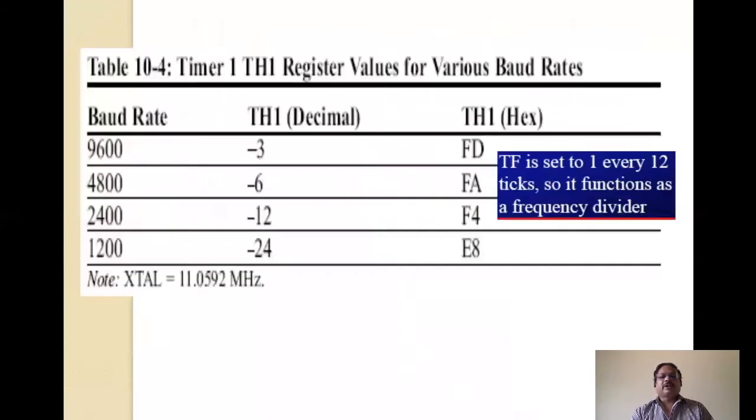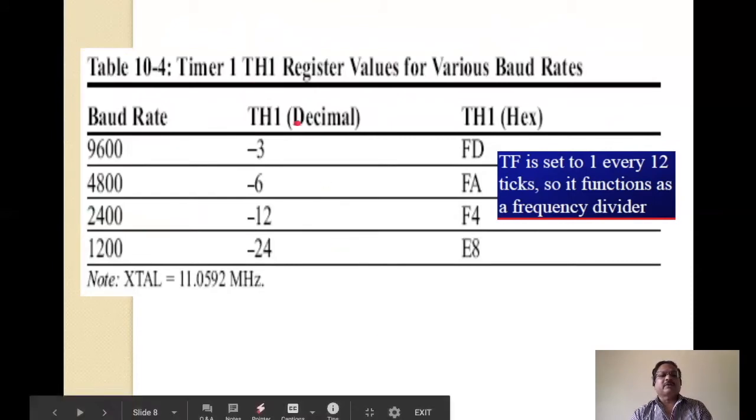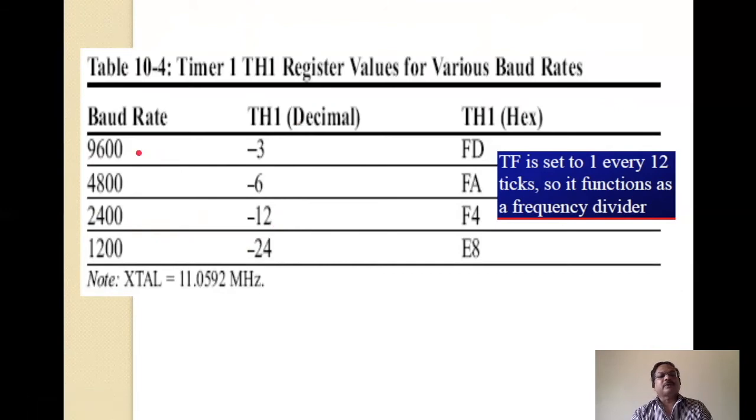Now in the 8051 microcontroller, you know the TH1 register can be loaded with different values to obtain the variable baud rate. We know that timer 1 can be used in mode 2 to set the baud rate. Now here, let us say whenever you want 9600 baud rate, -3 is the value to be loaded.